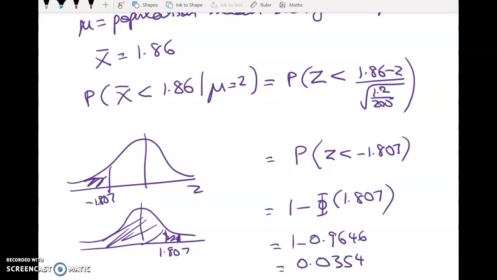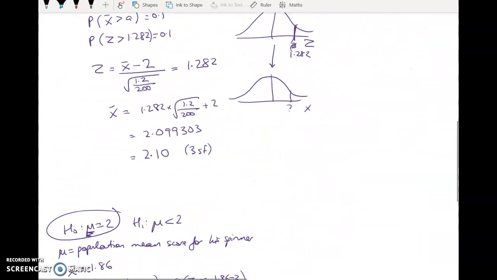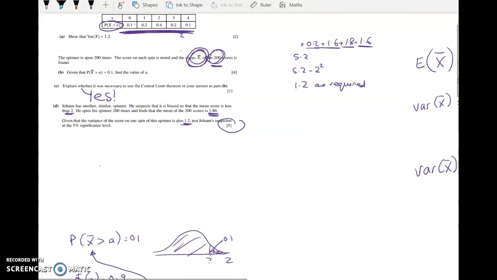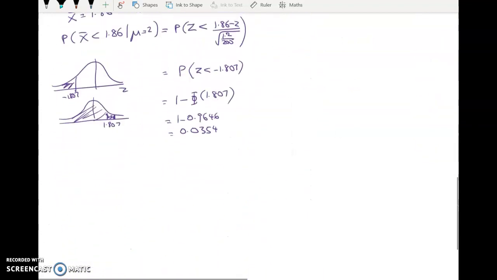Now we have to compare that to the significance level of the test, which I think was 5%, but I've lost track. Oh, yep. We're testing at a 5% significance level. So to finish that off, what we're saying is that this result is very unlikely. So it's less likely than a 5% chance. So since 3.54% is less than 5%, we reject H0.